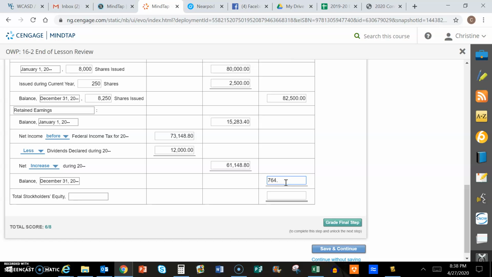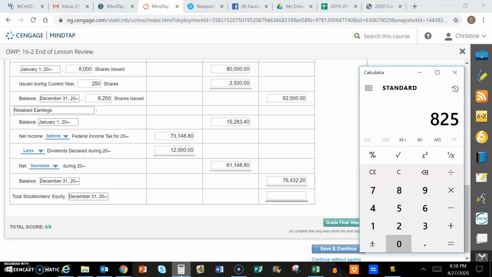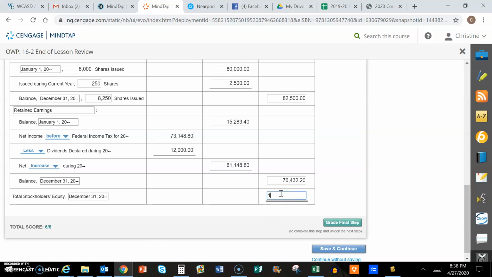So your total stockholders' equity for December 31st, 20-- is your 82,500 plus your 76,432.2, which equals 158,932.20. And that's all there is to that one.